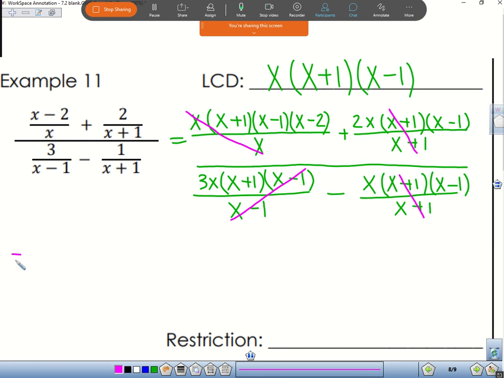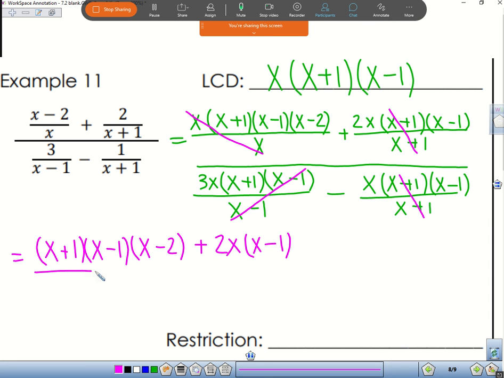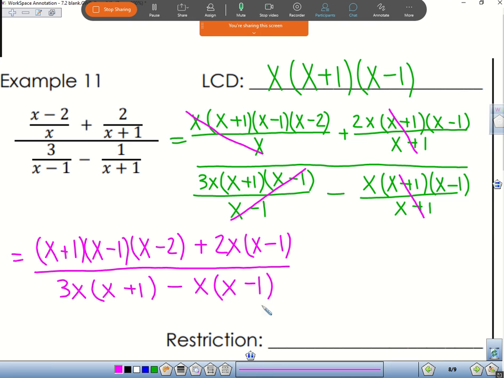So this is going to leave me with x plus 1 times x minus 1 times x minus 2 plus 2x times x minus 1 all over 3x times x plus 1 minus x times x minus 1. That's what you get when you simplify all of this, basically.